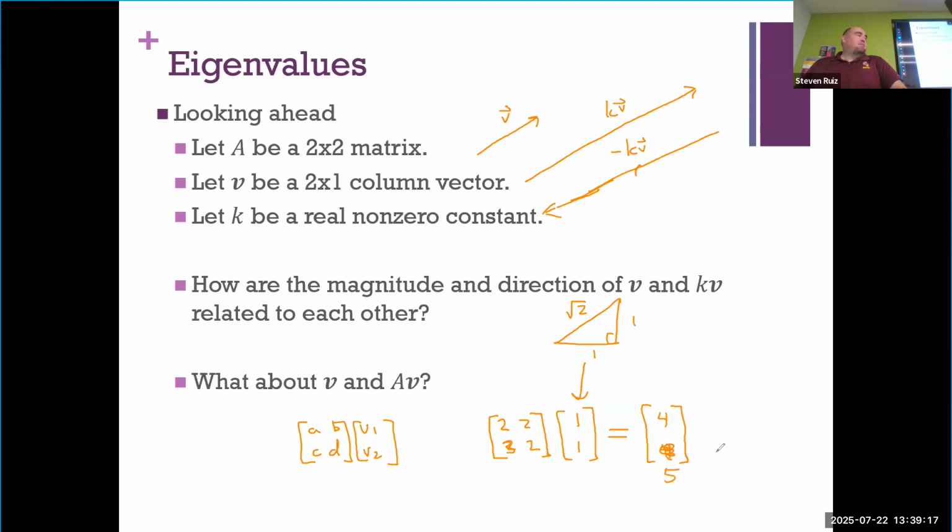Is this the same direction? No. So when I multiply by a matrix, I can really alter both things, right? Multiplying by a constant scalar will always preserve the direction, but it may not preserve the magnitude. Multiplying by a matrix could have any effect on both.